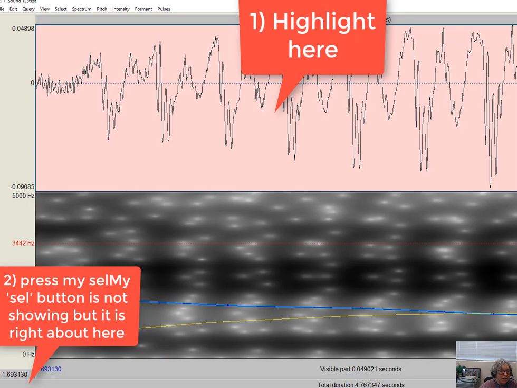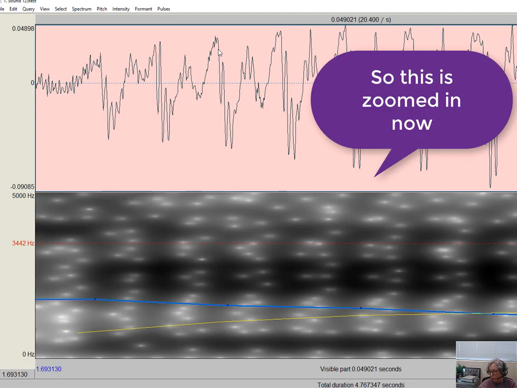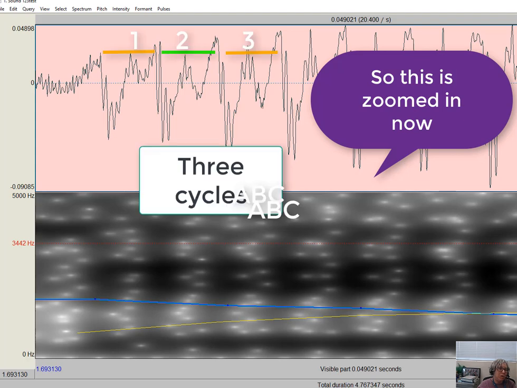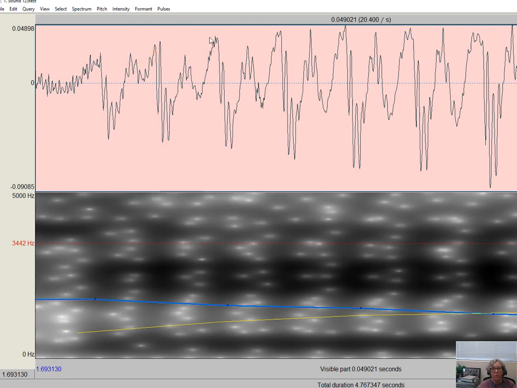So to get that close-up of the vowel, I really wanted a couple of cycles here. So I would like a close-up of 2 to 4 cycles, and we know a full cycle is when the pattern starts to repeat. When you go peak to peak to peak to peak, that to me would be 2 to 4 cycles right in here.